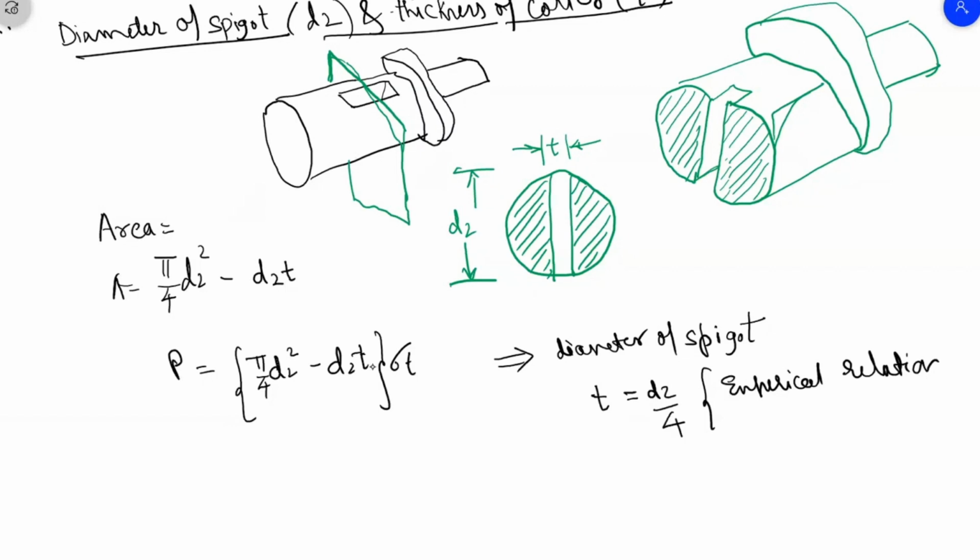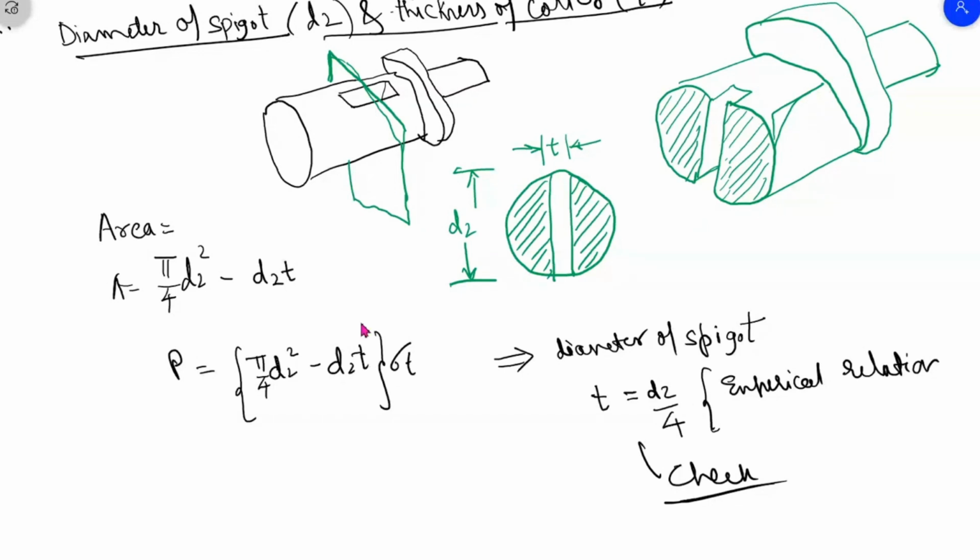The thickness of the cotter is generally d2 by 4. Someone may say I will take d2 by 3, someone d2 by 4.5. Yes, you can take whatever you want, provided we check it afterwards, whether the t equal to d2 by 4 that we have taken is correct or not.